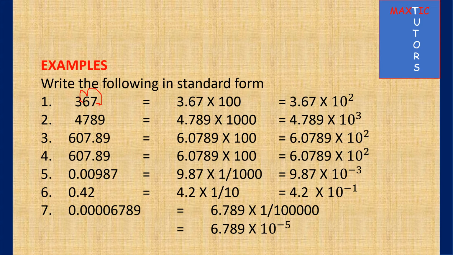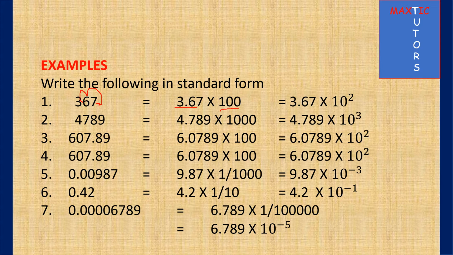Because you shifted the decimal backward 2 times, it's times 100. And 100 is 10 raised to the power 2. So your answer is 3.67 times 10 raised to the power 2.